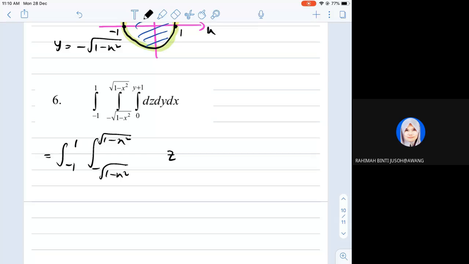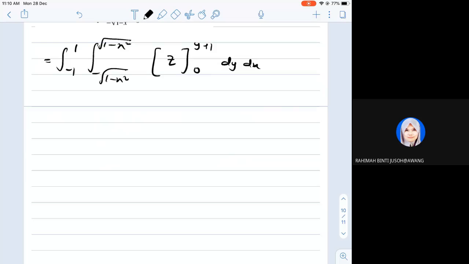So integrate 1 with respect to z, we get z lah. Y plus 1, 0. dy dx. Okay, so negative 1 until 1. We have from negative square root of 1 minus x squared, positive square root of 1 minus x squared.